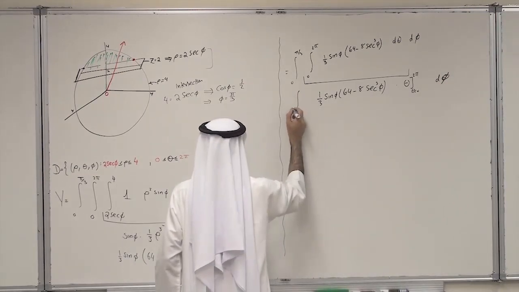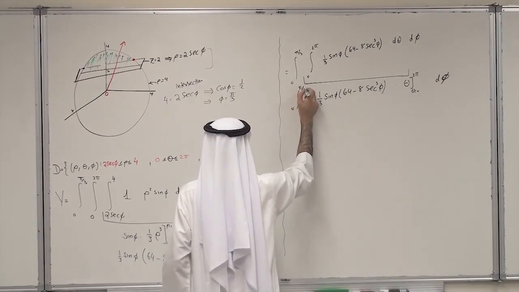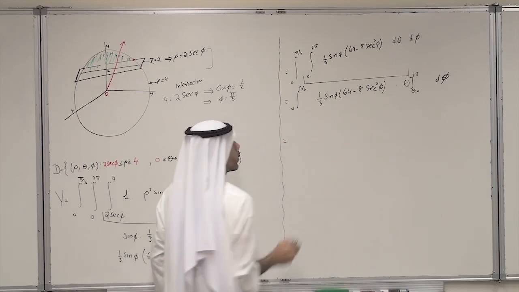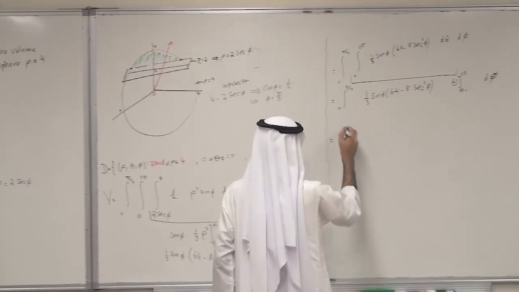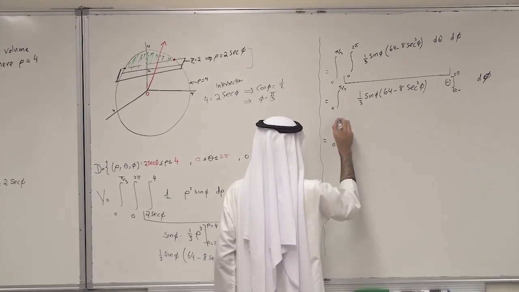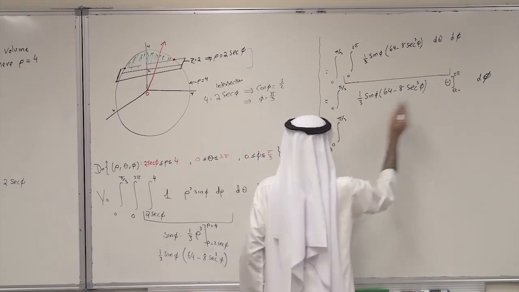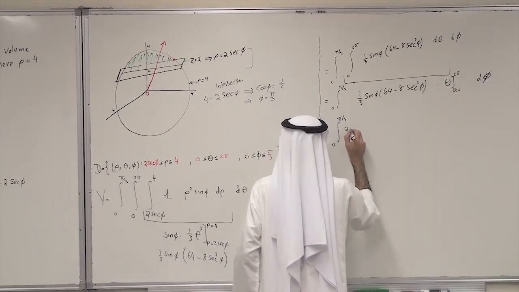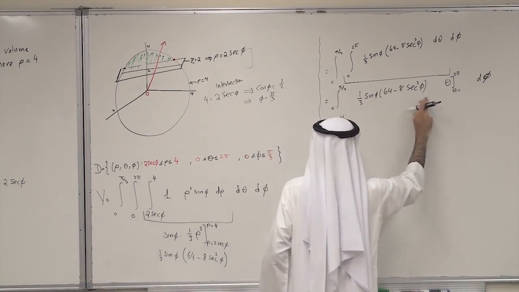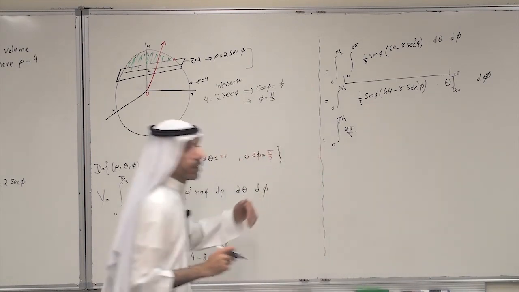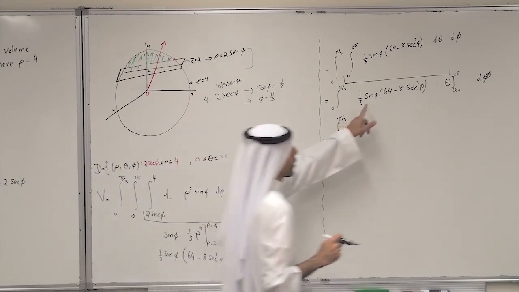This equals the integral from 0 to pi over 3 of 2 pi over 3 times everything. I need to integrate it now, so I've just multiplied sine phi inside.